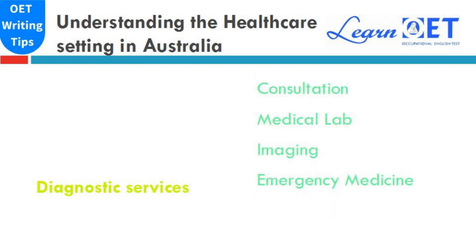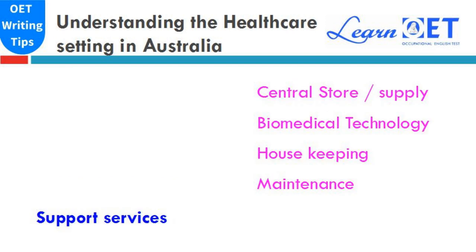Then diagnostic services, like the patient consultation with the doctor, and other services like the medical lab, imaging lab, and emergency medication departments, all come under diagnostic services. And other support services, like housekeeping, central store supplies, biomedical technology where you manage your waste and all things, then the maintenance section.